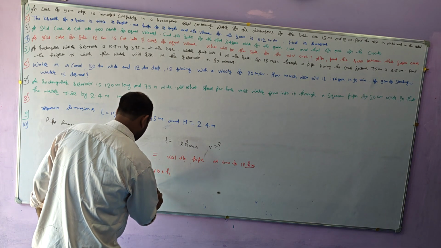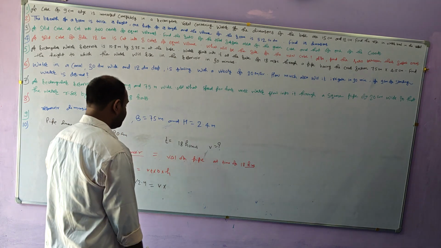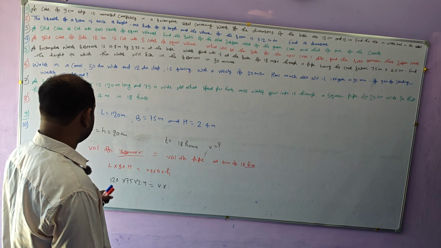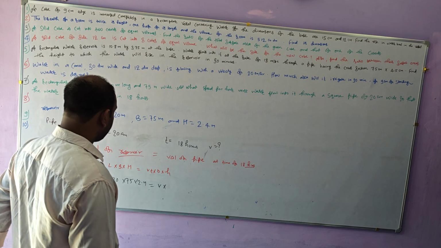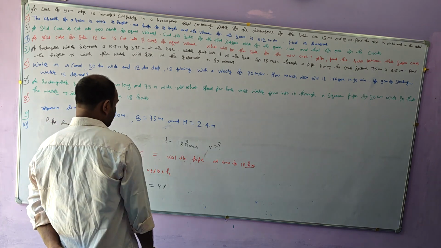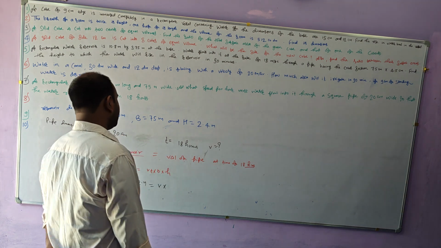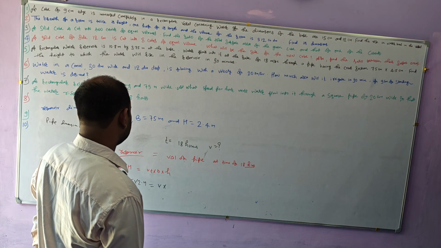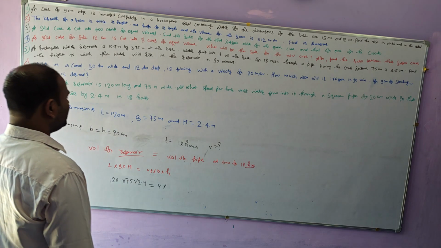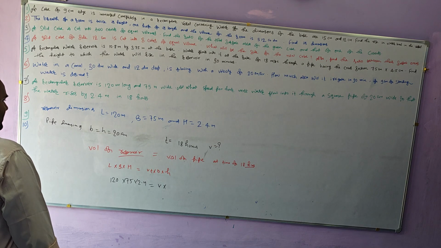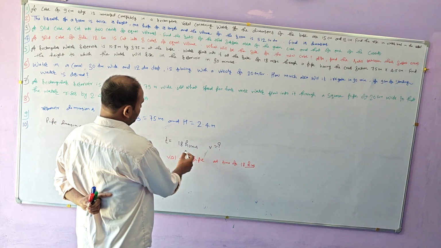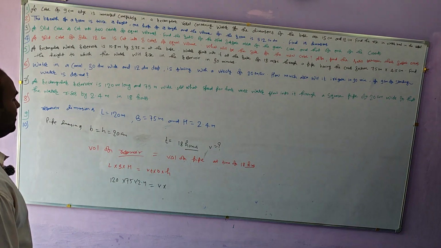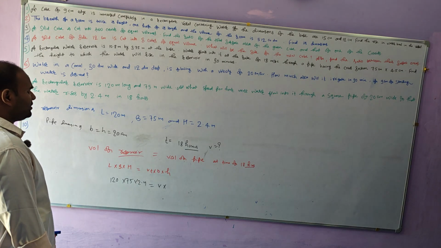is equal to V. V is equal to, and T is 18 hours. If we want to use meter per hour, then we don't need to change. Otherwise, we need to change the unit of hour, whether it is in minute or second.